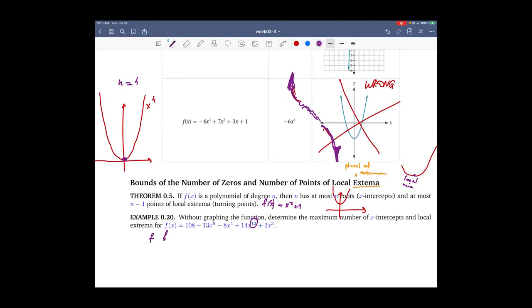So f has at most 12 zeros and at most 11 points of local extrema, according to the theorem.